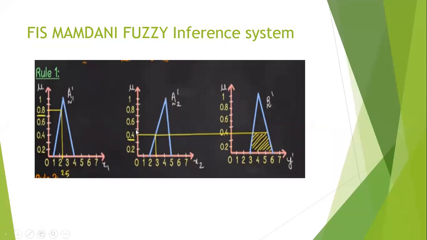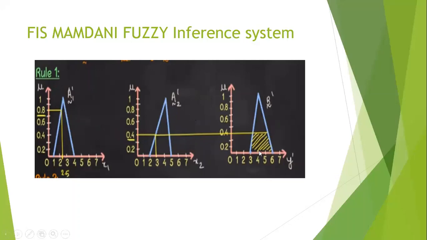Among these two antecedents, the fuzzy rule is: if x1 is a11 and x2 is a21, then y1 is b1. So here AND operation is mentioned. You are going for minimum of the two membership functions, 0.8 and 0.4.